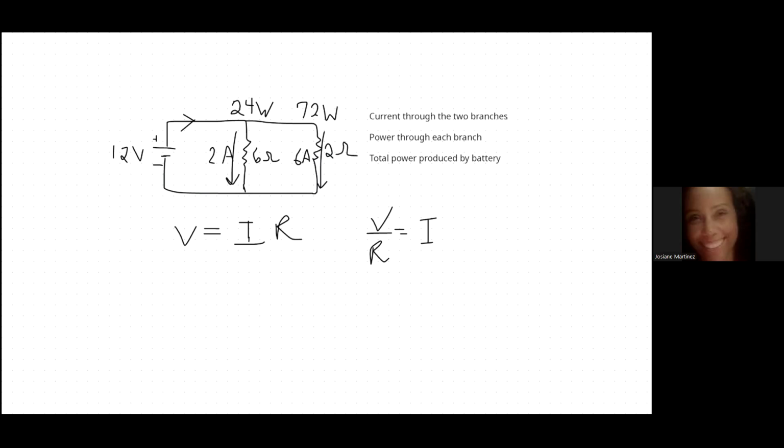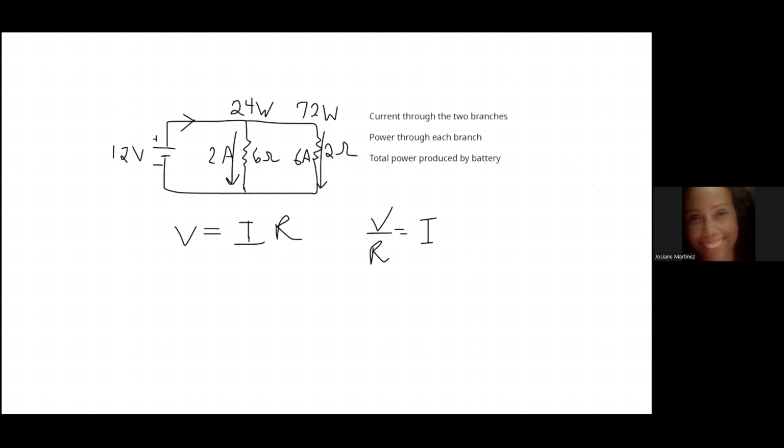If you are splitting current through many branches, the total current that's going into those branches has to equal the sum of all the branches. This is known as Kirchhoff's current law. It just says what comes in has to come out.